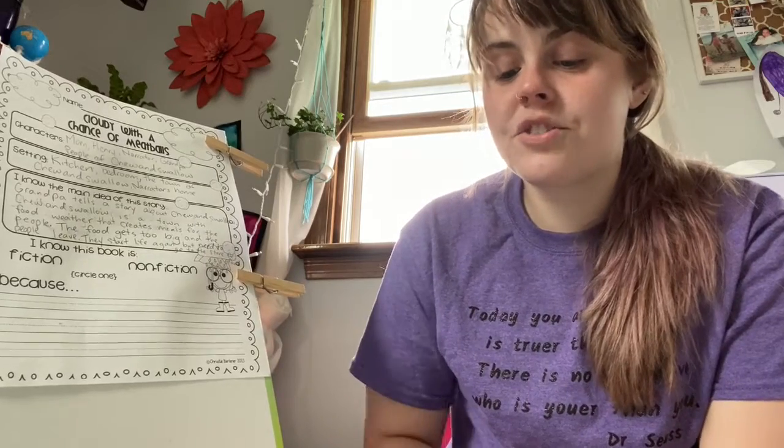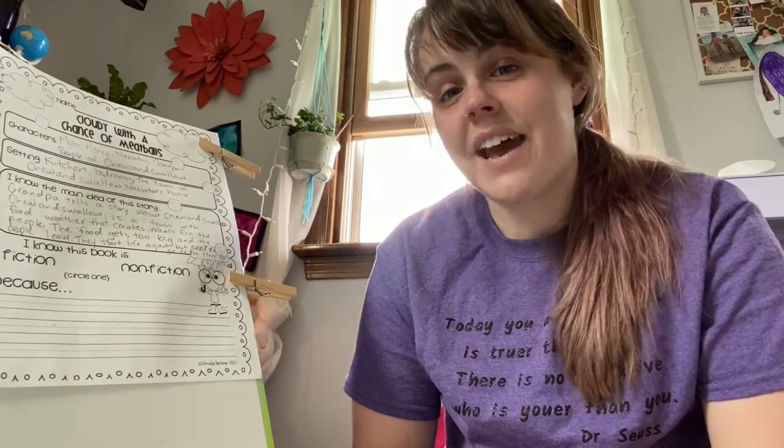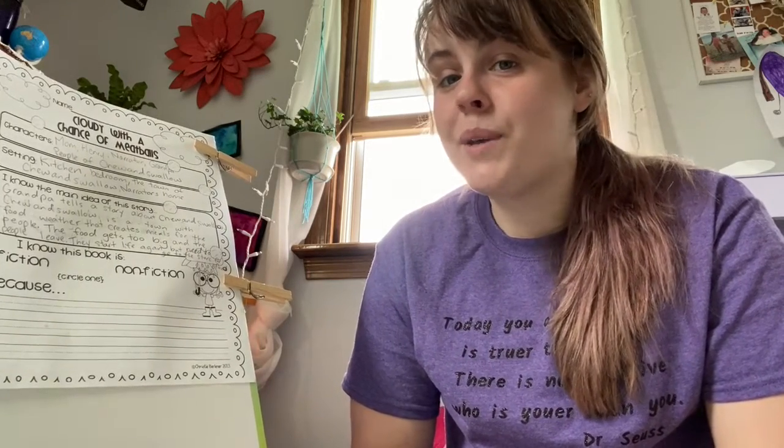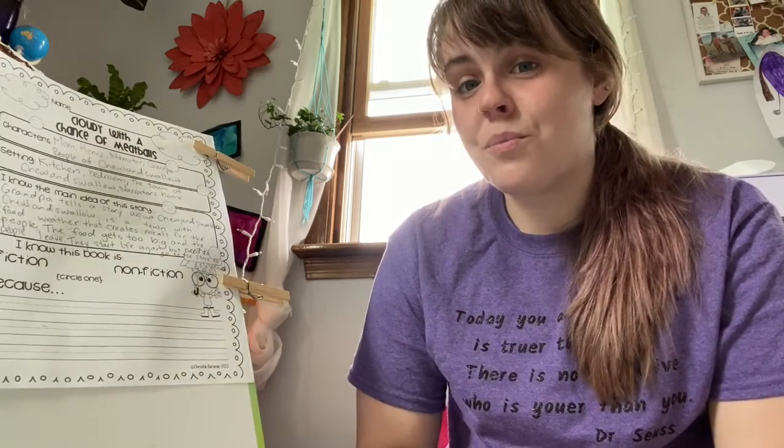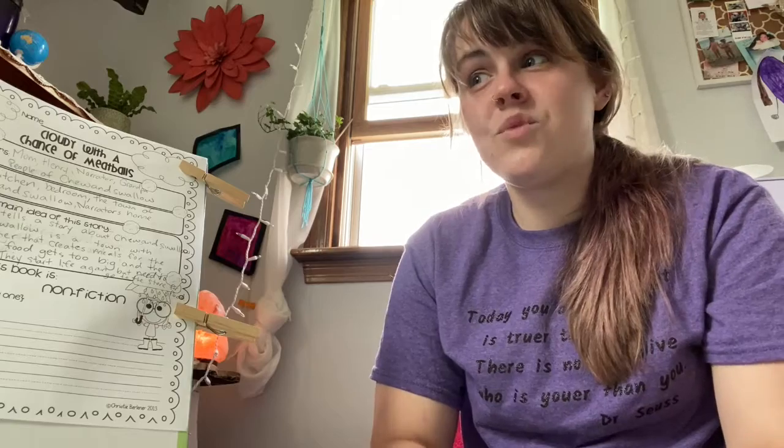And a nonfiction story is a story that's based on actual people and actual events that happen in history. It also can be a factual book and an information book. So this nonfiction book has facts in it about how people celebrate the new year. That is one of our fact books. But another type of book, if we go into the library, we could find a book about dinosaurs that tells us what a dinosaur looks like, the different parts, where they lived and what they eat. That would also be a nonfiction book. So nonfiction books are based on real facts and real things.